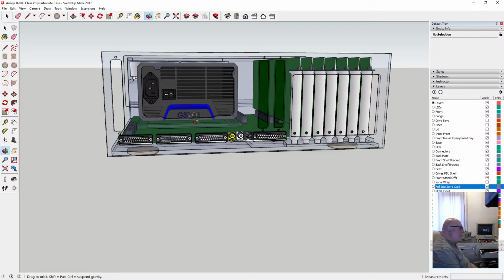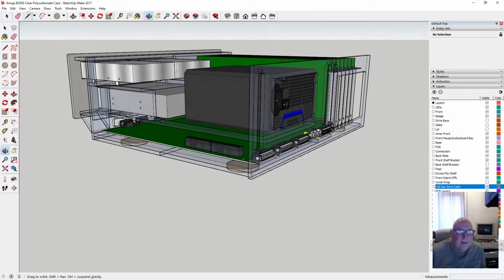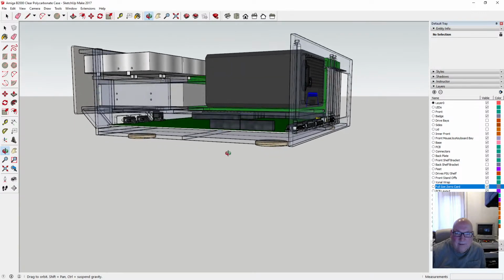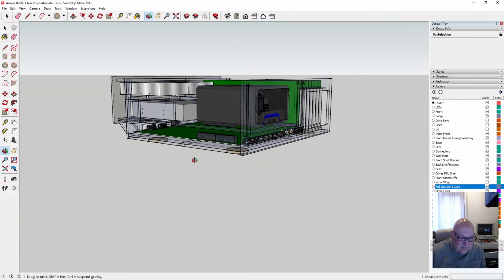Or no, it's probably the drive shelf that sits on the back of there. We'll leave them off there. Yeah, everything else looks okay. So I'll tell you what, let's just model the card. We won't know if it's right until we model the card, so let's just model the card.